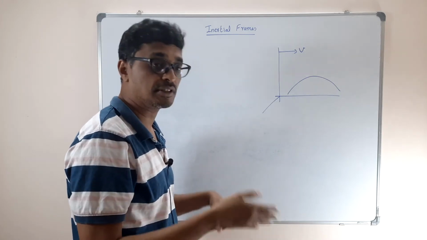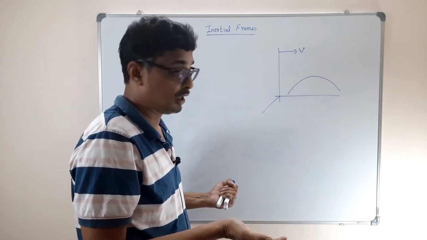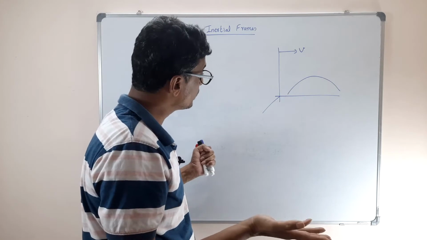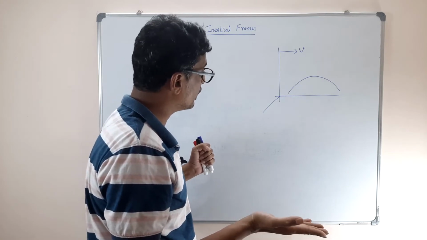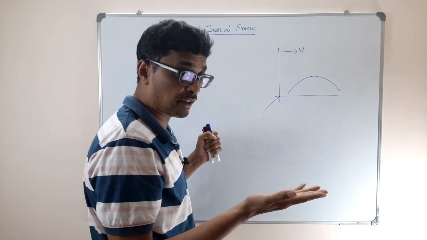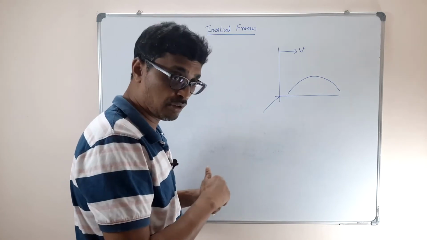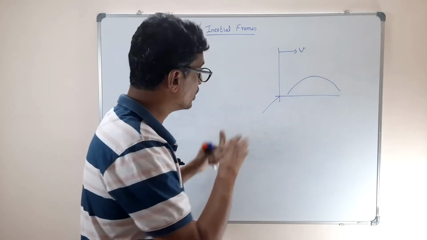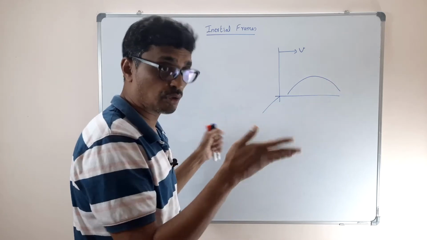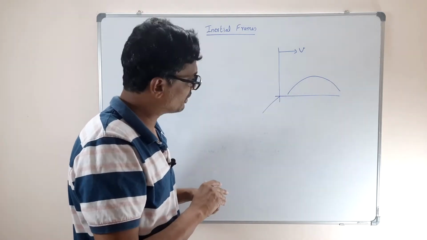Non-inertial frames are ones in which the frame is accelerated, and when it's an accelerated frame, Newton's laws of motion will not be valid. Those frames are called non-inertial frames.